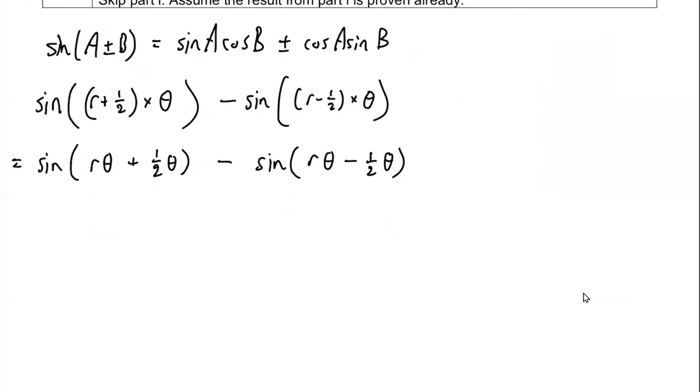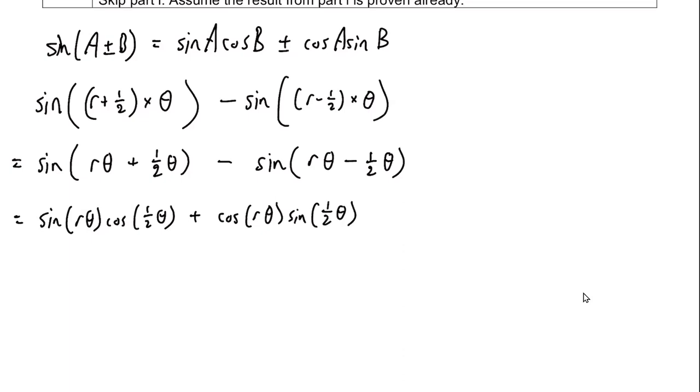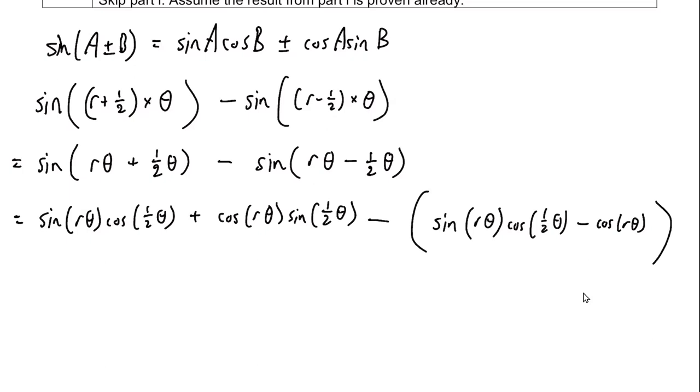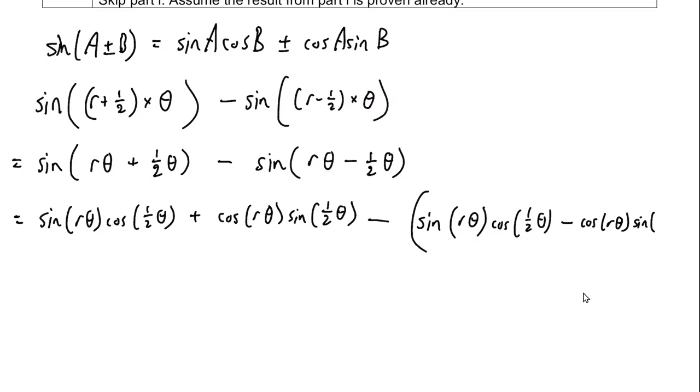I think this will work. Sine of A plus B will be what? Sine A times cosine of B plus cosine A sine B. Then the next one, minus, sine A cos B minus cos A times sine B, which is half theta.